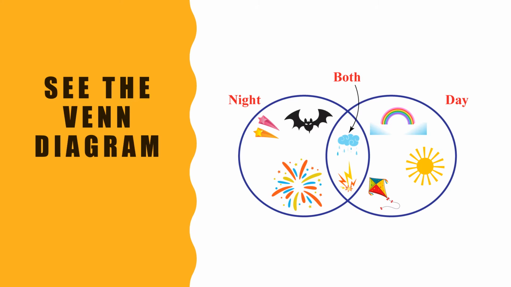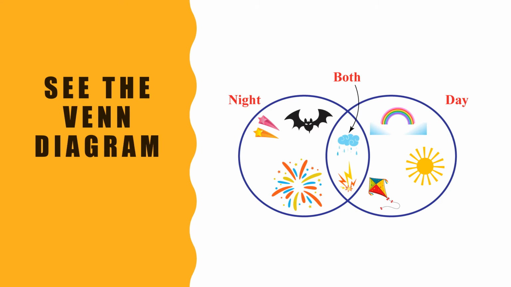See, this side of the Venn diagram shows the things which we see at night. This side shows the things which we see in the day. But the middle, where the two circles join, tells you the things you see both in the day as well as at night. So at night I see stars, a bat, fireworks, rain and thunderstorms, right?